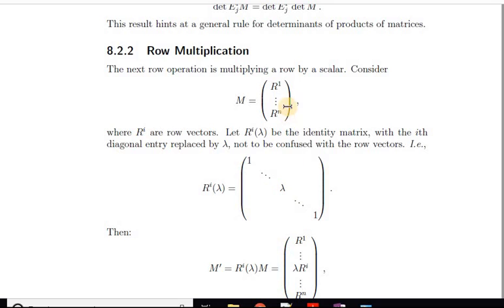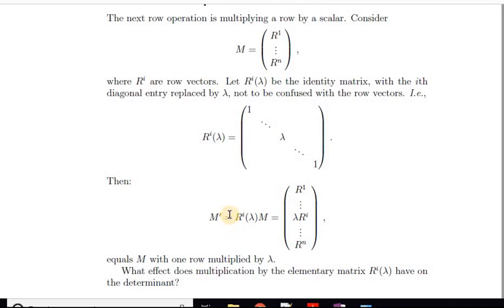If I want to multiply the ith row here by lambda, the way to do that is to multiply the ith row of the identity matrix by lambda, and then multiply M on the left by this matrix. That's how I get my new matrix, which is the original matrix with the ith row multiplied by lambda.